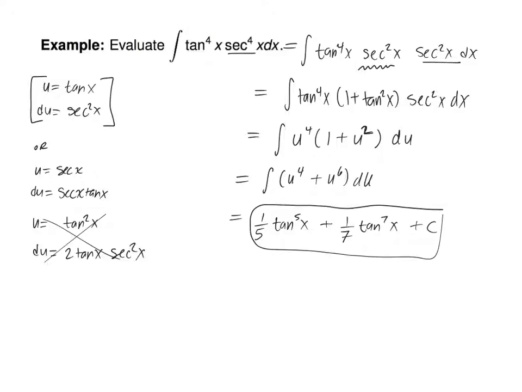Yes. If secant or tangent was an odd power, we have to do distribution. If secant was even, tangent being an odd power wouldn't affect this. Does that make sense? If the tangent were an odd power and secant were an even power, you can still do this. If the secant power is odd, you have to make this other substitution.